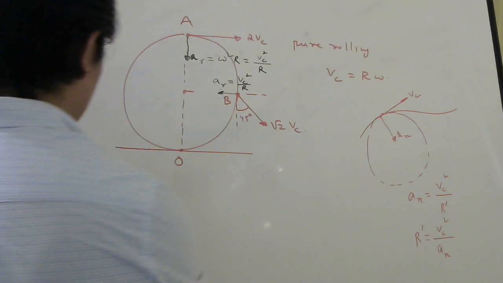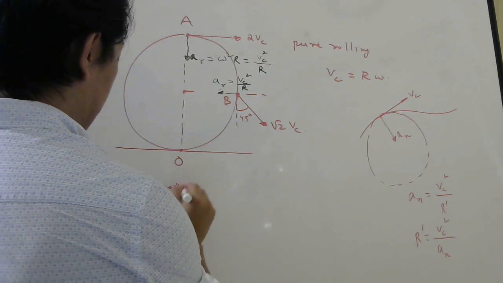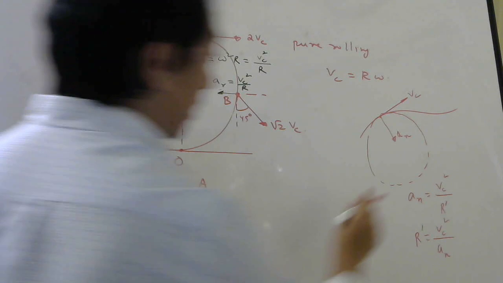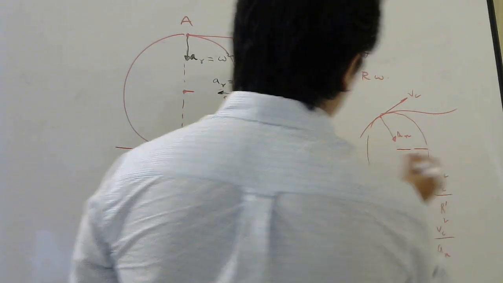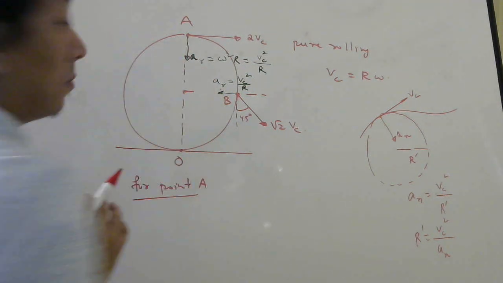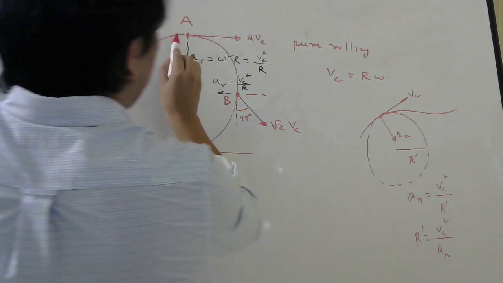So for point A, when I say normal acceleration, it means perpendicular. So this radius is your radius of curvature. Now here you see, if you look from ground frame, this point has velocity 2Vc this side.